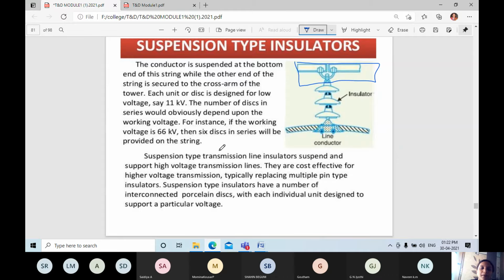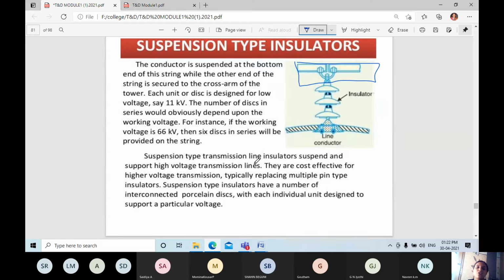Here, suspension type transmission line insulators suspend and support high voltage transmission lines. These are used at high voltage transmission lines. They are cost effective for higher voltage transmission. They are replacing multiple pin type insulators. Suspension type insulators have a number of interconnected porcelain discs, with each individual unit designed to support a particular voltage.